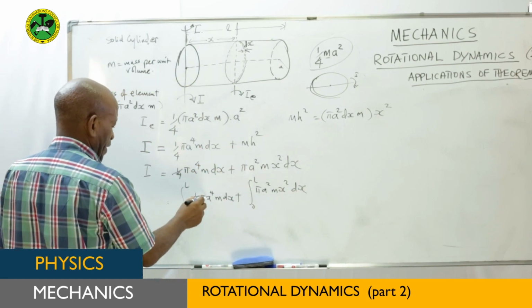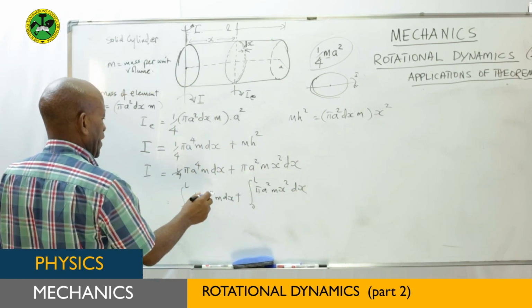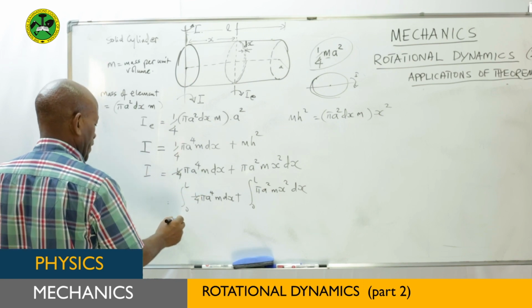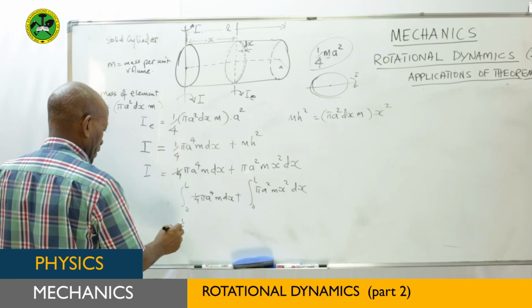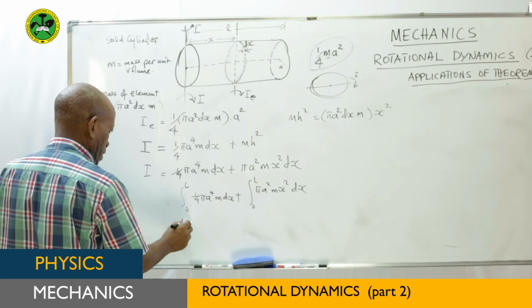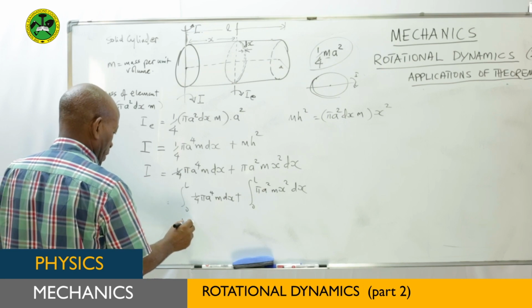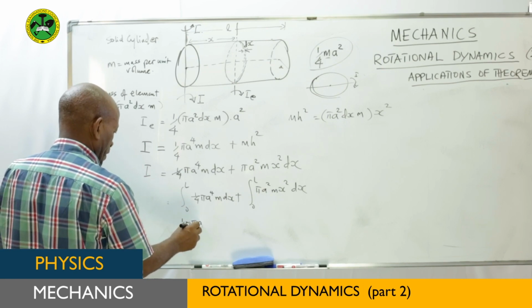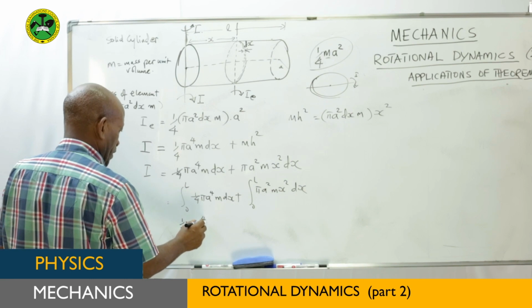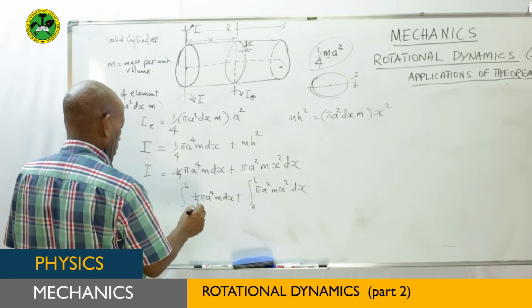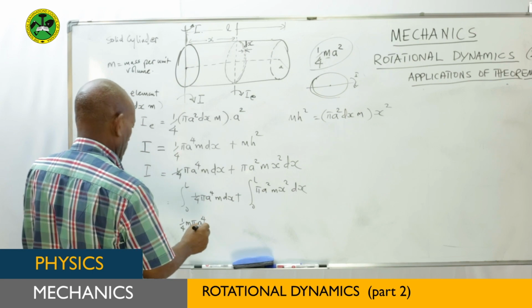And pi, a and m are constants, and the 1 over 4, so we can take outside 1 over 4 m pi a power 4.